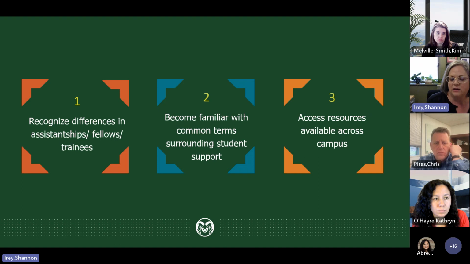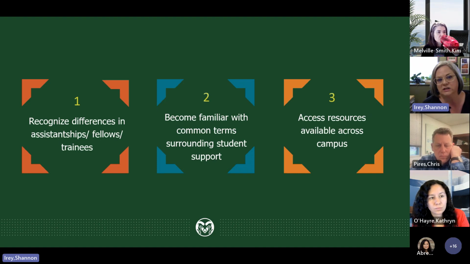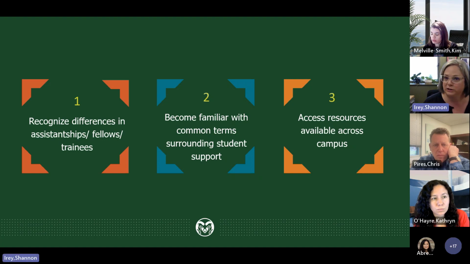But I can tell you that when I started at the university, I came from private industry. And the very first time that I encountered someone talking to me about a GRA, I had absolutely no idea what they were talking about.